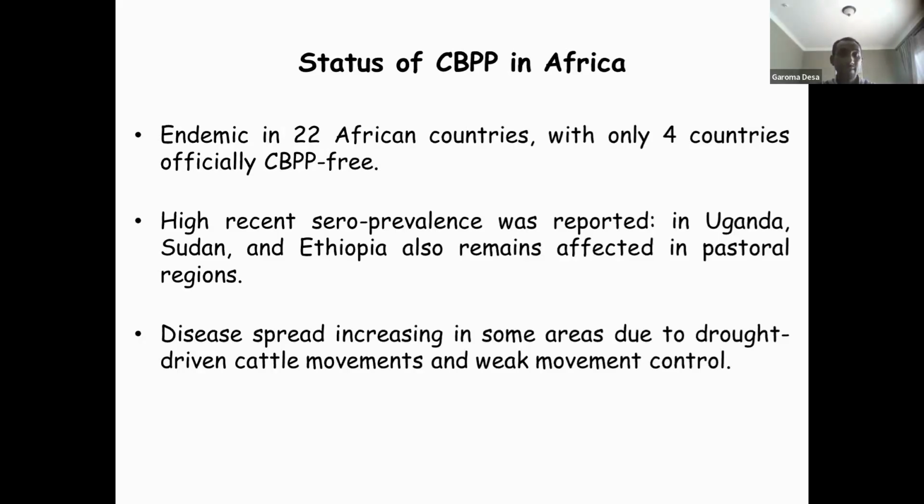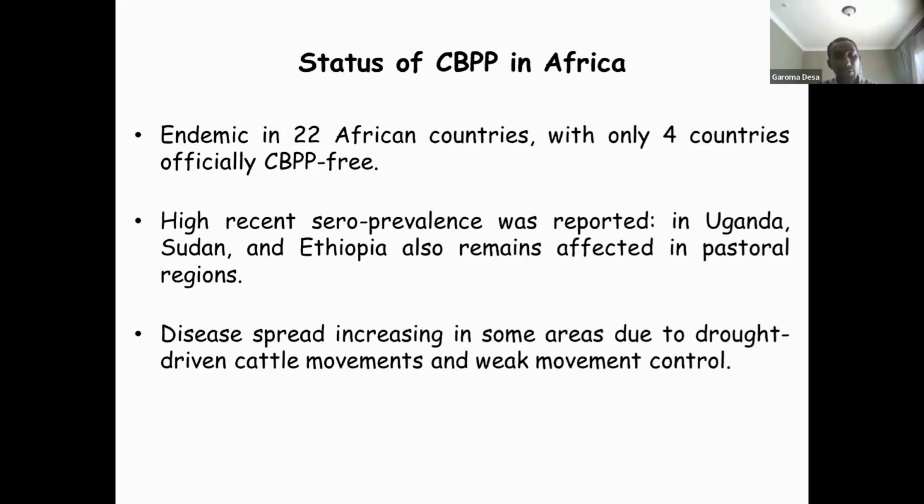There are also recent seroprevalence studies revealing high seroprevalence, for example in Uganda, in Sudan, and in pastoral regions of Ethiopia. Disease spread is increasing in some areas due to drought-driven cattle movements and weak movement control. When drought happens in some area, there is not enough animal feed.